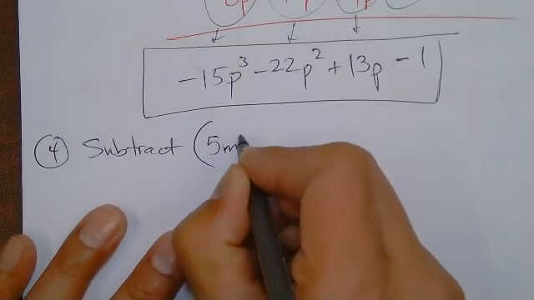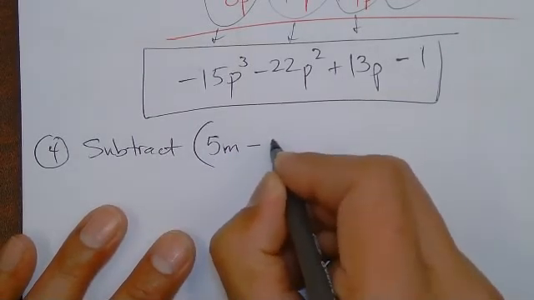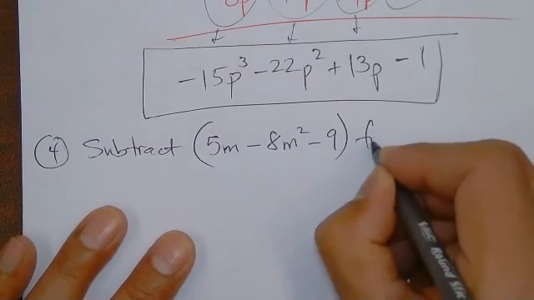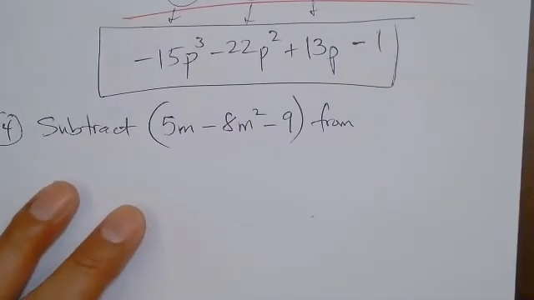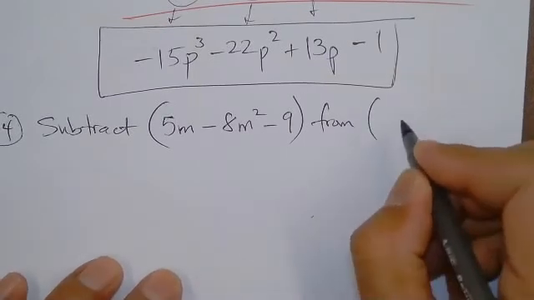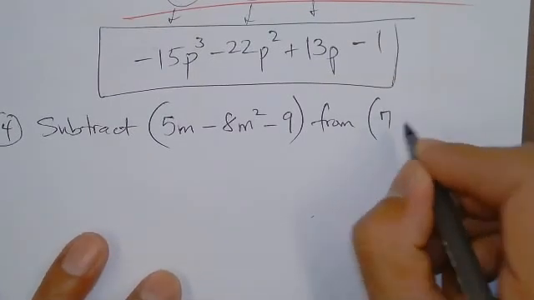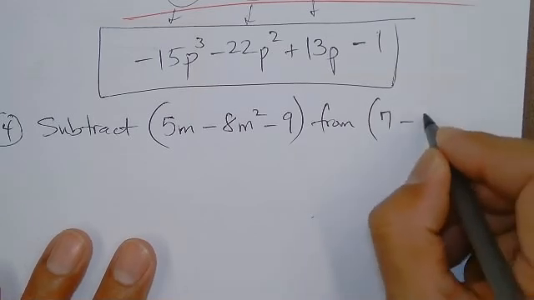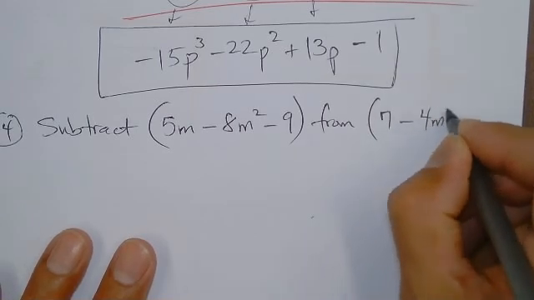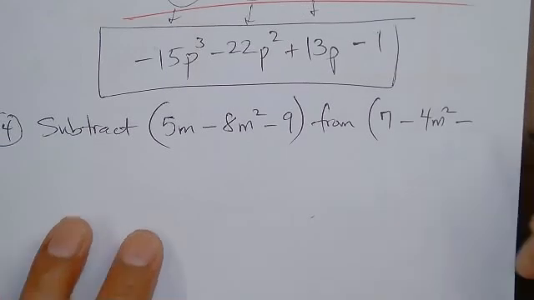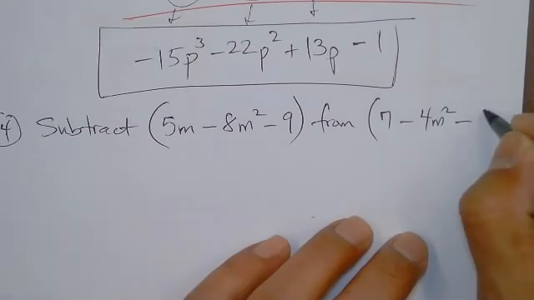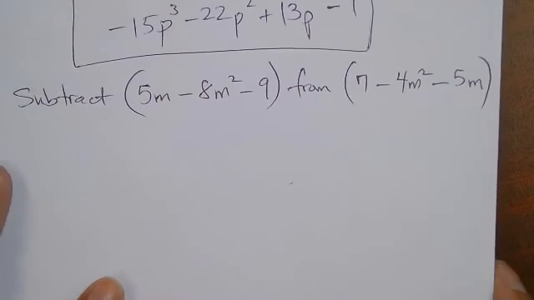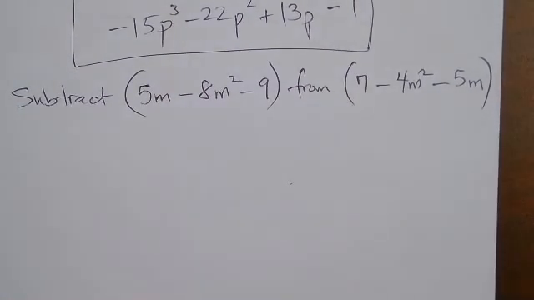Subtract 5m minus 8m squared minus 9 from 7 take away 4m squared take away 5m.